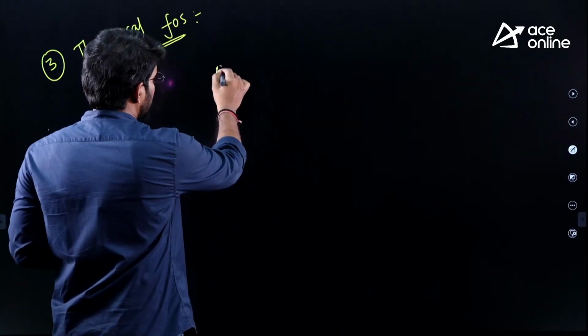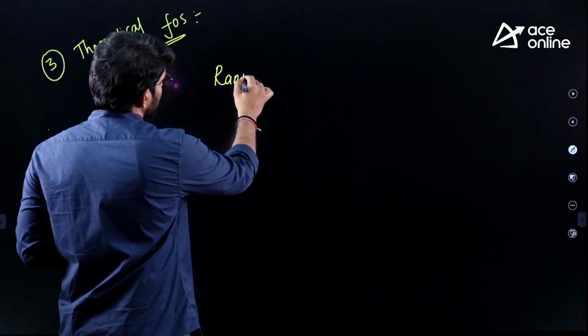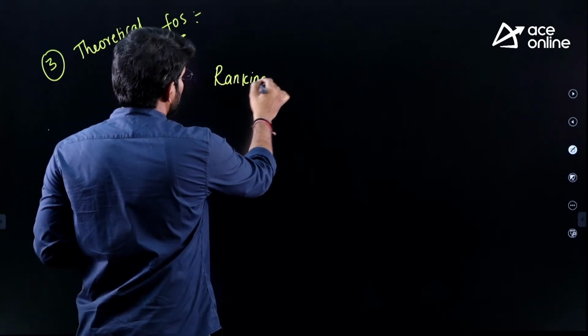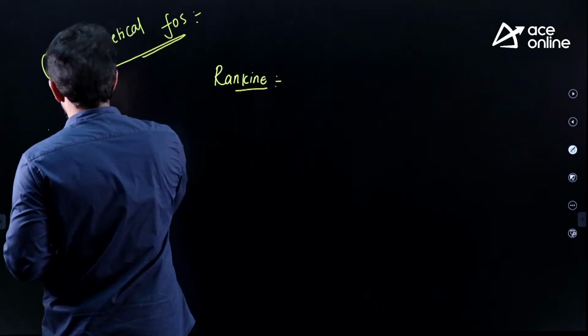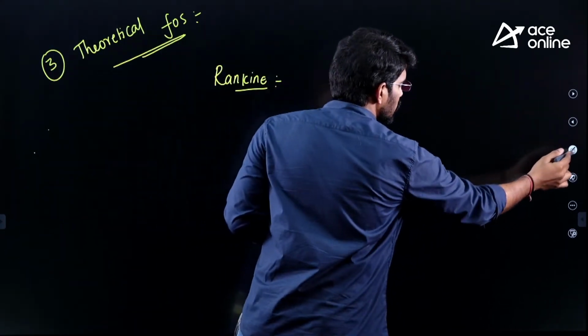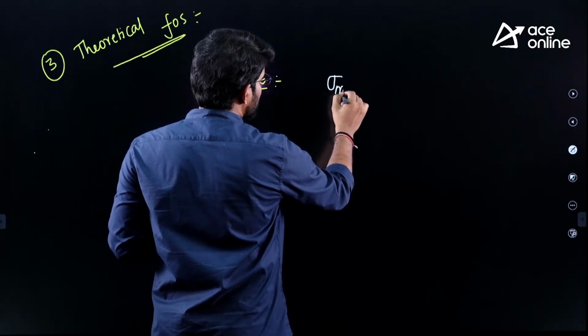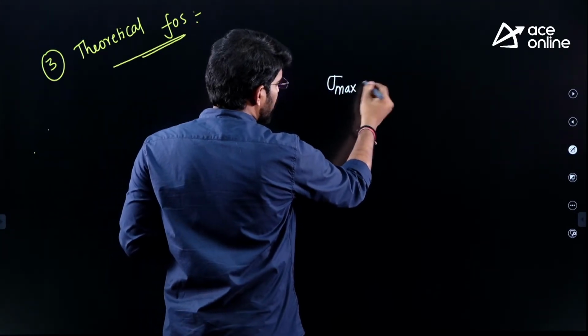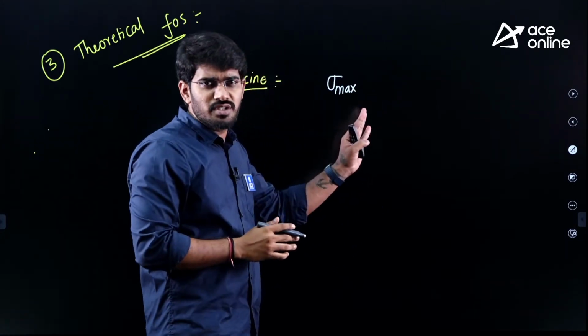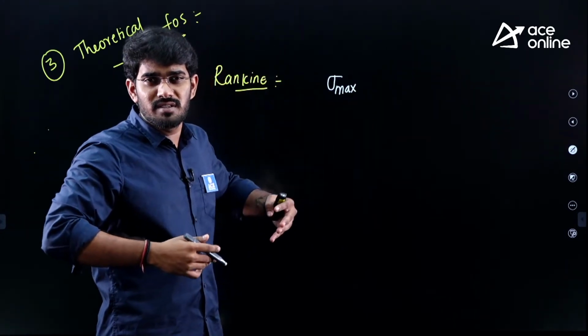According to Rankine, the failure condition is when the maximum stress becomes equal to the capacity of the particle. Capacity in the sense of failure stress.